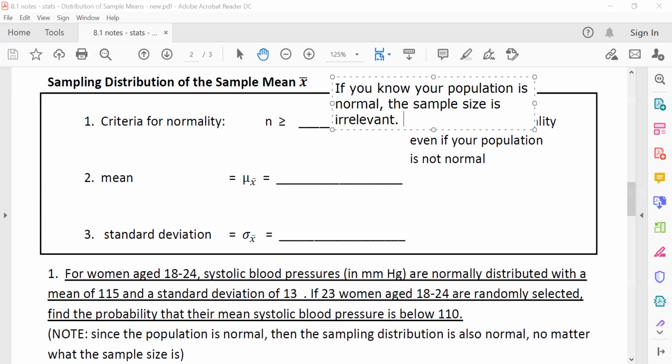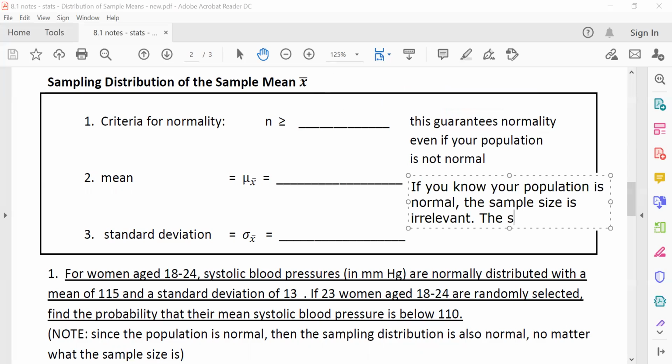So if you're sampling from a normal distribution, your sample size is irrelevant. The sampling distribution will also be normal, no matter what. You can have only 5 things in your sample, and you can still say the sampling distribution is normal. X bar, the mean, still follows a normal distribution itself, which is weird.